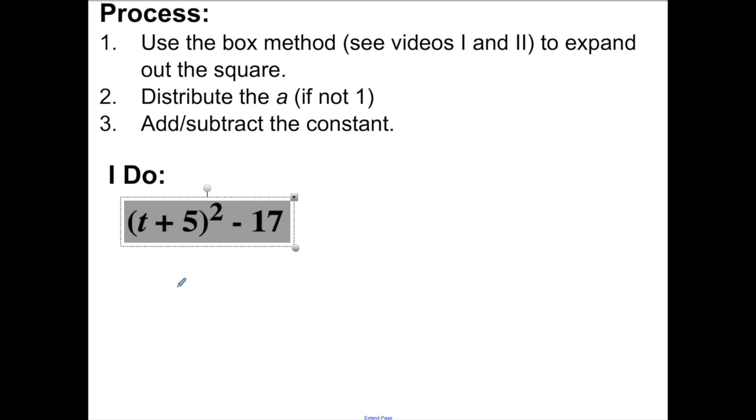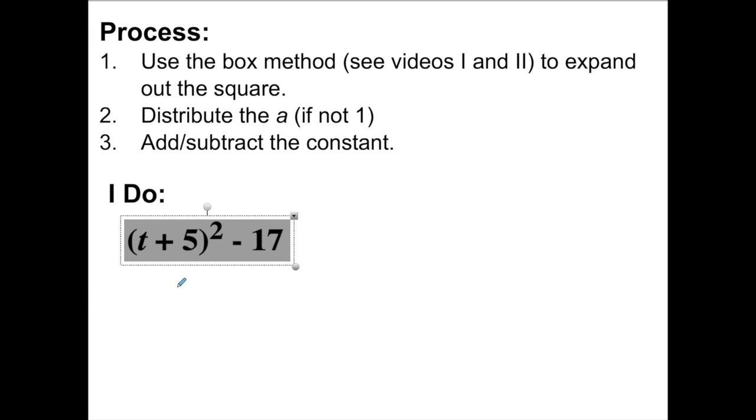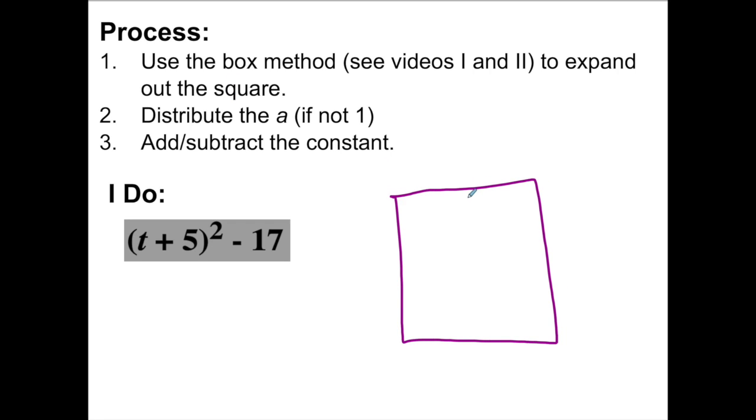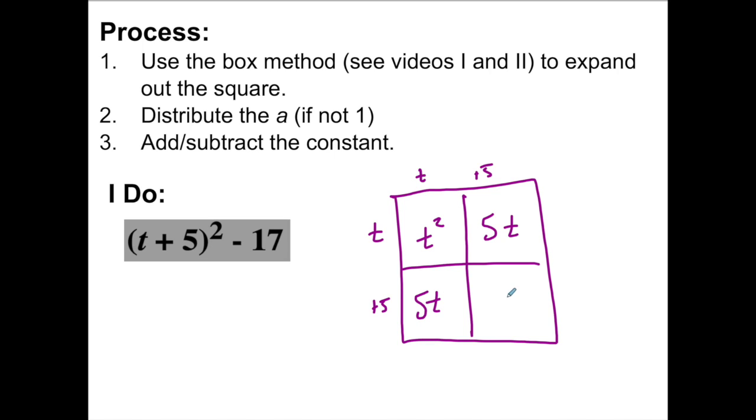All right. So again, here, start with this. Think about what's going to go up top. So up top, what are we squaring? T plus 5. So let's do this out. T squared, 5t, 5t, 25.